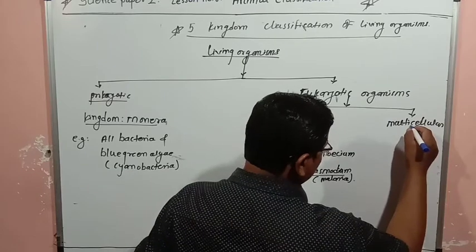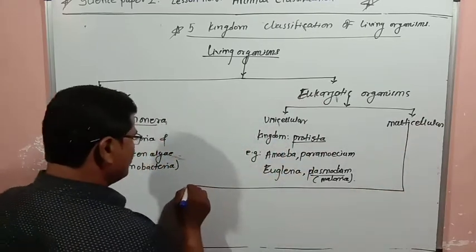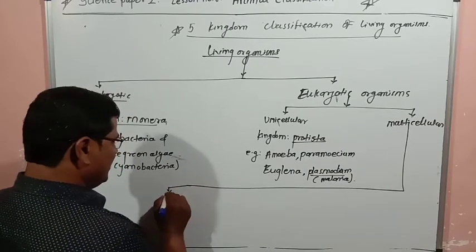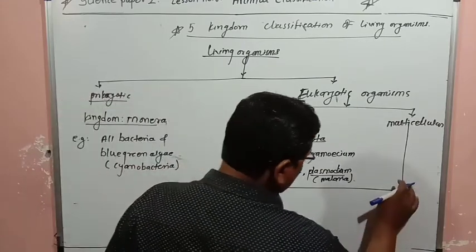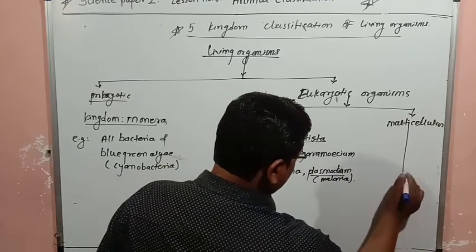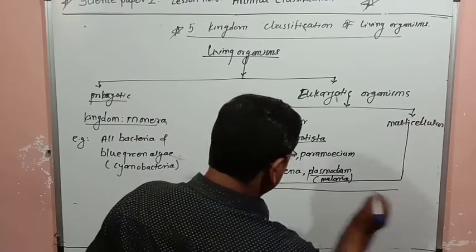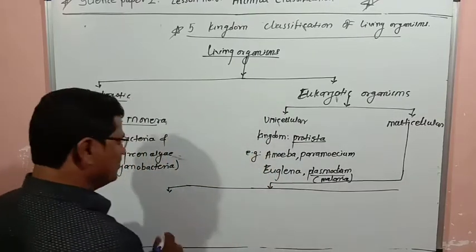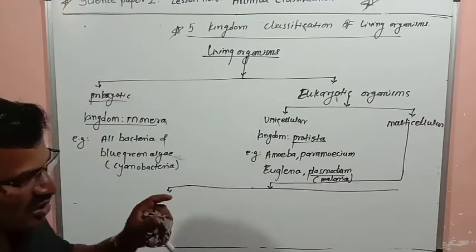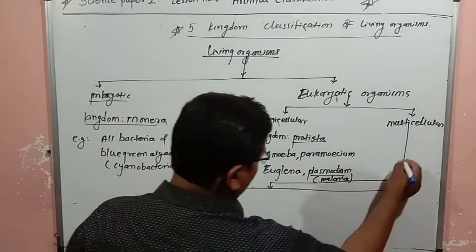One more thing is there. In case of the multicellular organisms, these are again classified into two groups. First one is with cell wall, and another one is without cell wall.